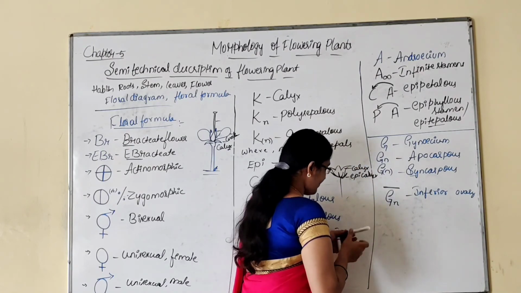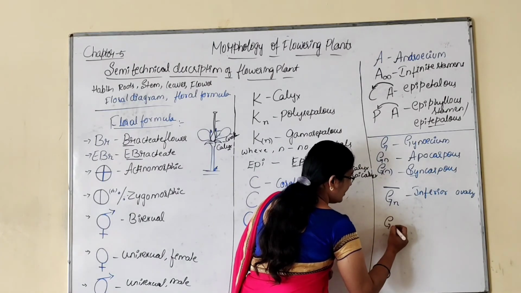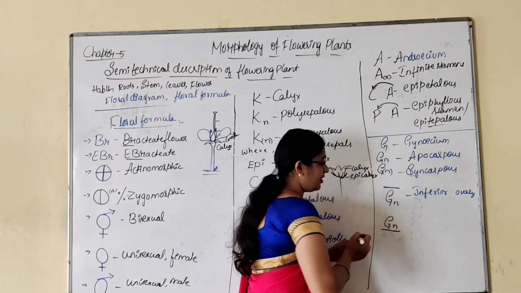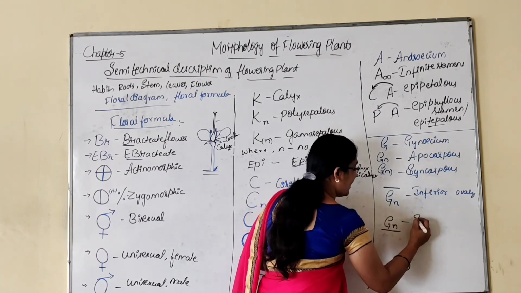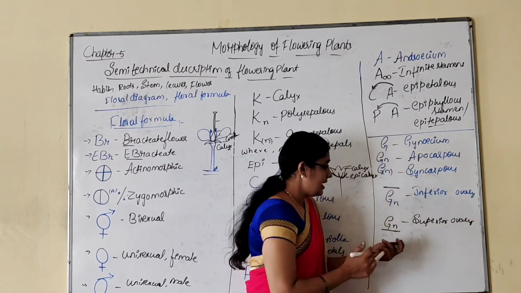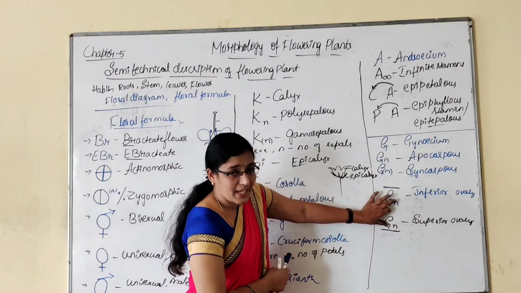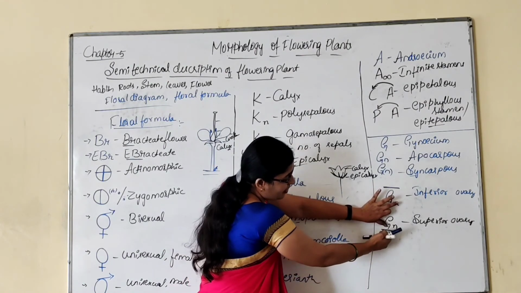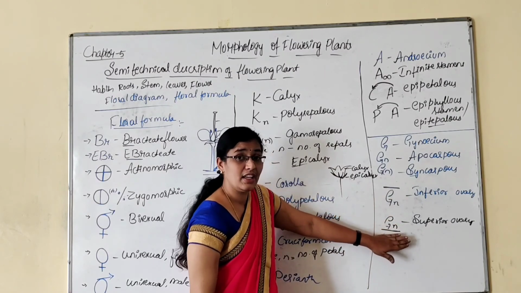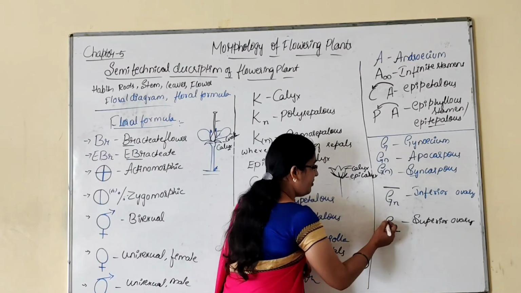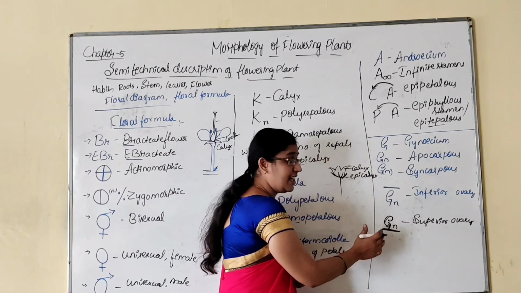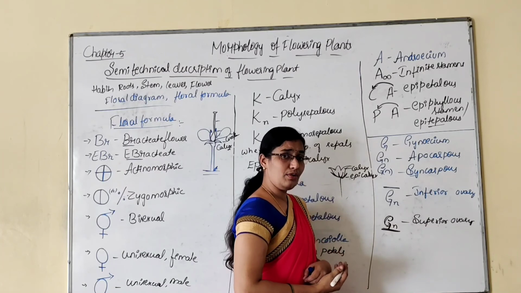If we are writing G at its base N and below that we are drawing a line like this, this indicates the superior ovary. That means gynoecium is occupying the superior position. From below the ovary, other whorls like calyx, corolla and androecium are showing at the head. So if we write G and draw a line under G, this indicates the superior ovary.